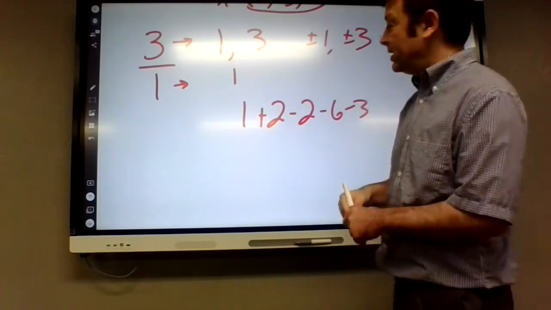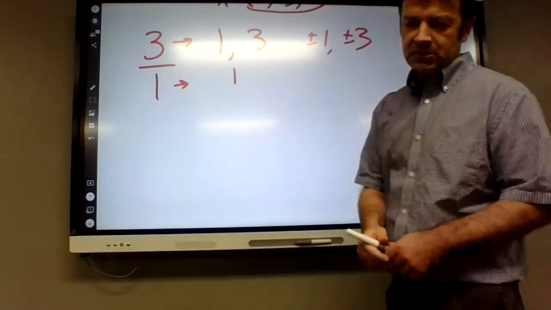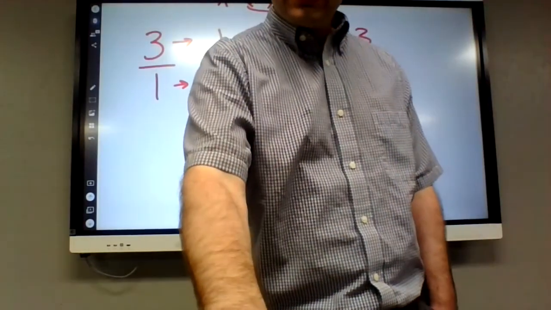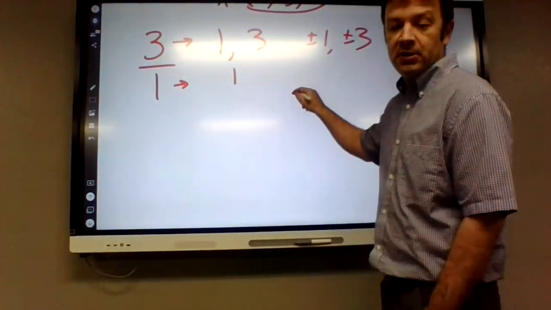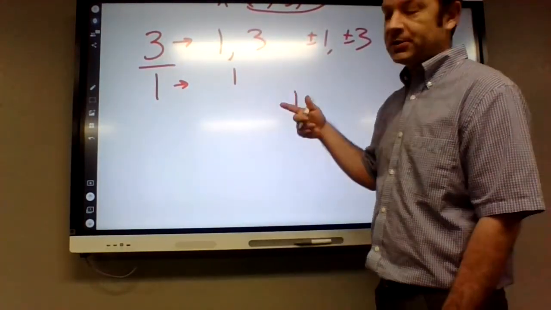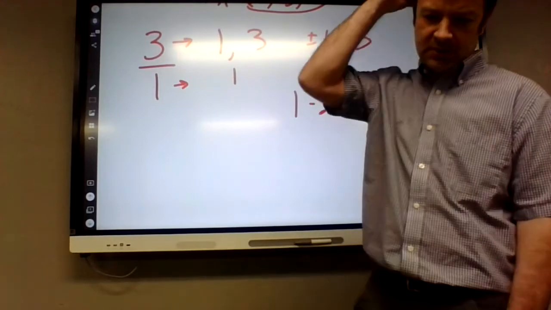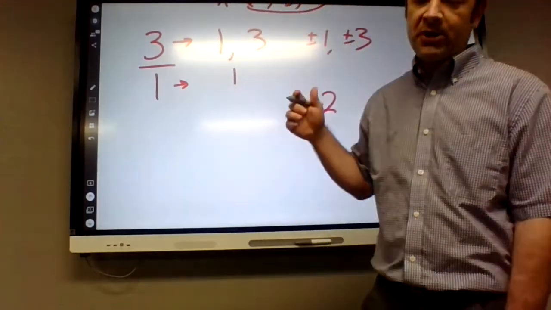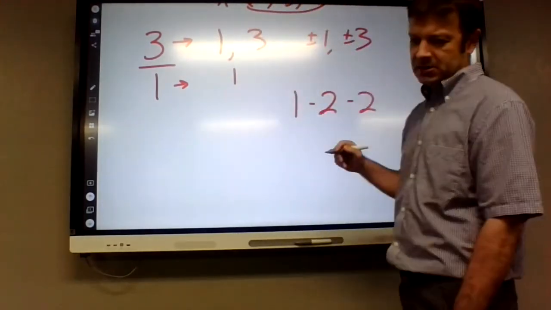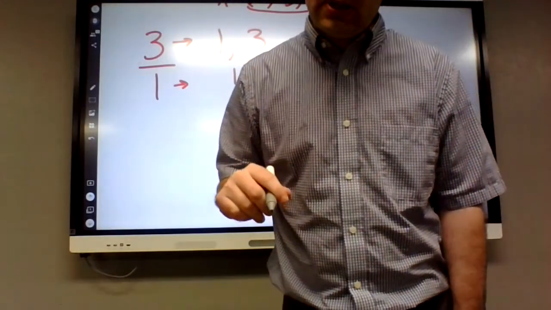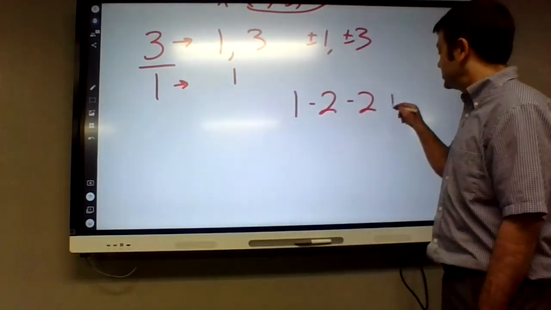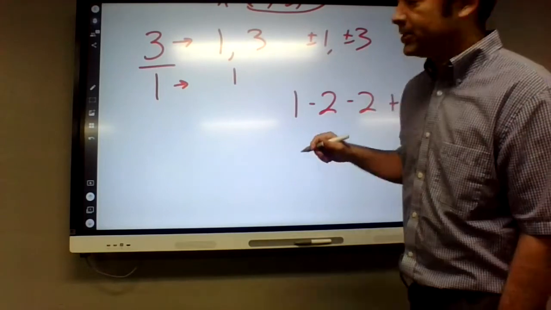If I plug in negative 1, it's, for 19, I get positive 1. Negative 1 cubed is negative, so it's negative 2. Negative 1 squared is positive, so that's negative 2. And then negative 6 times negative 1 is positive 6, and negative 3.